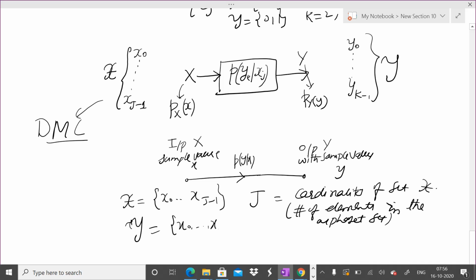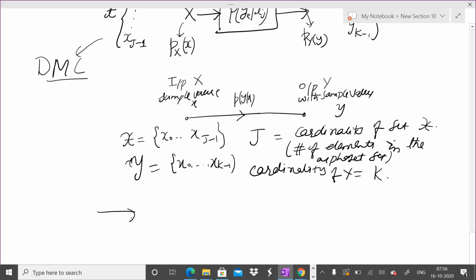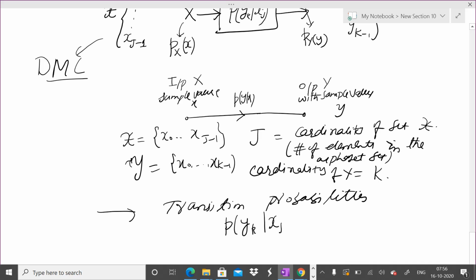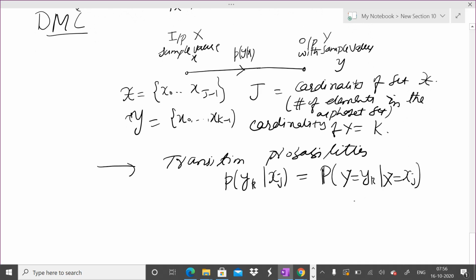Cardinality of y will be k. And these probabilities are called transition probabilities, which characterize the channel. P of yk given xj, which is the probability y is equal to yk given x is equal to xj, for all j and k.